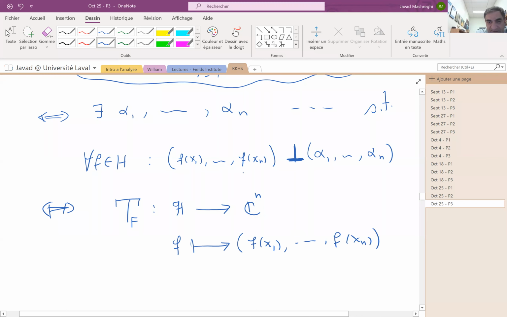This relation says that the range of this is orthogonal to an element which is not 0. This is equivalent to saying that this is not surjective.